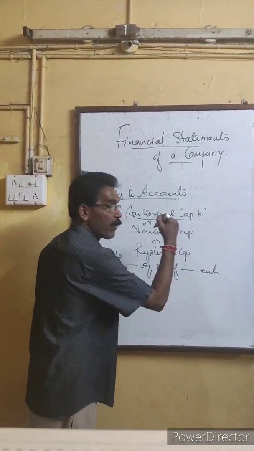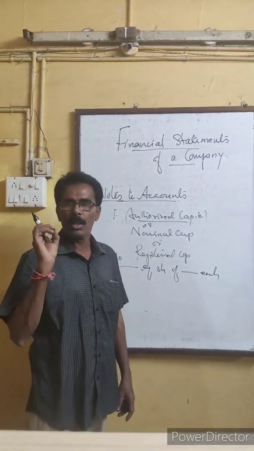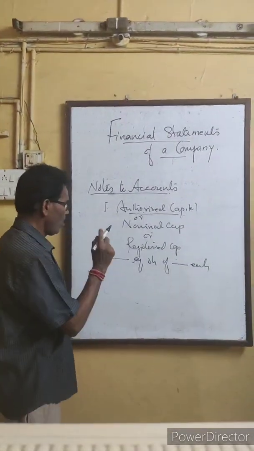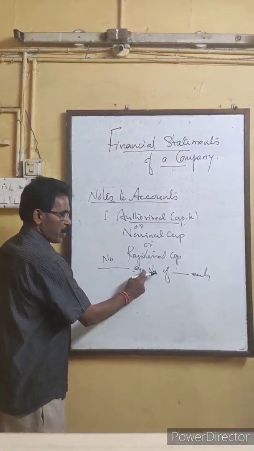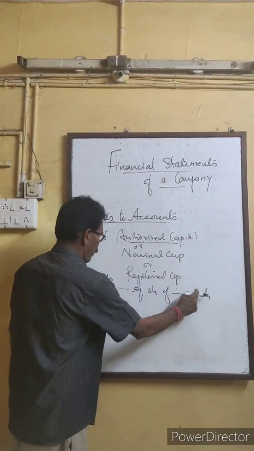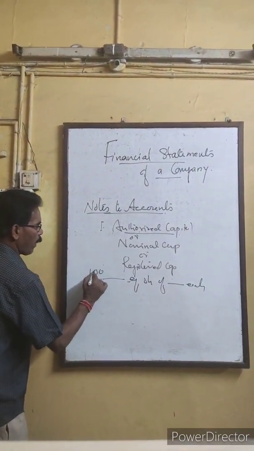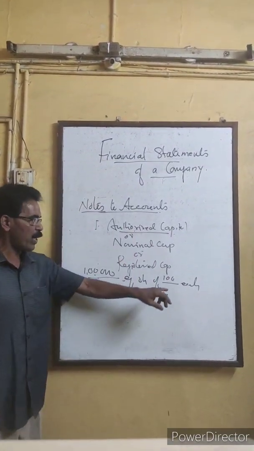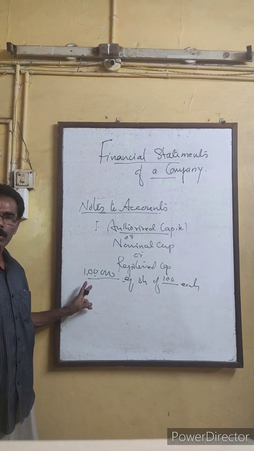Here it will be written as face value. Face value means the cost or the value of one share. So the number of equity shares, for example, may be 1 lakh equity shares of 100 each, if its face value is 100.